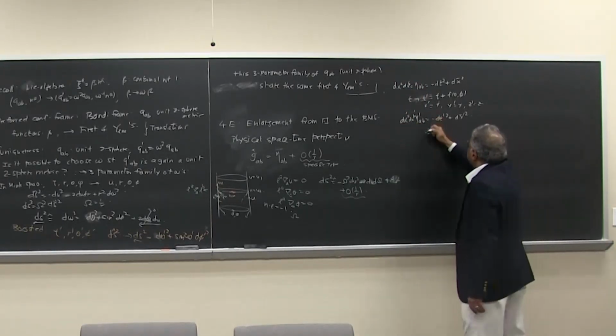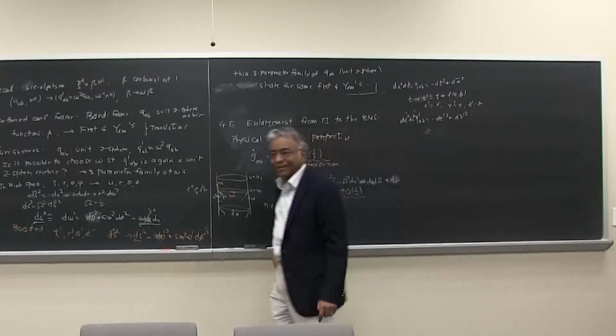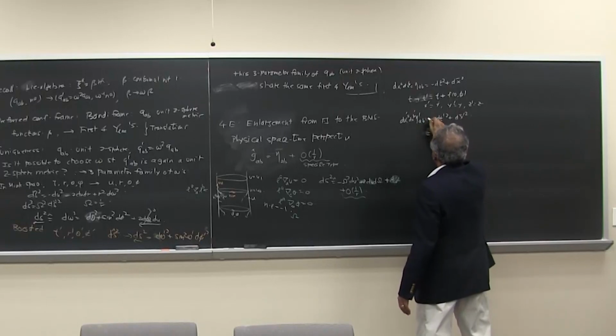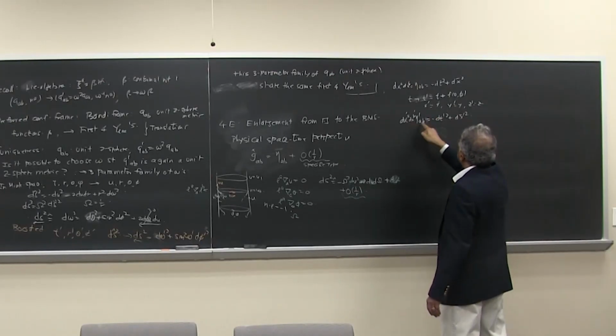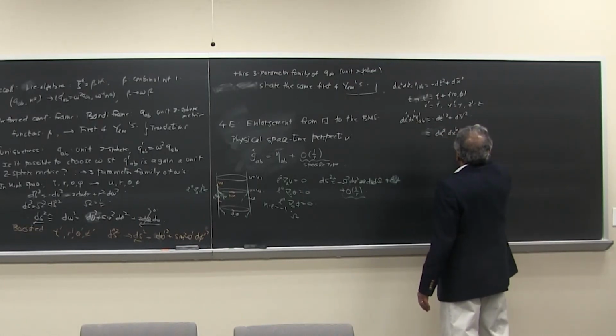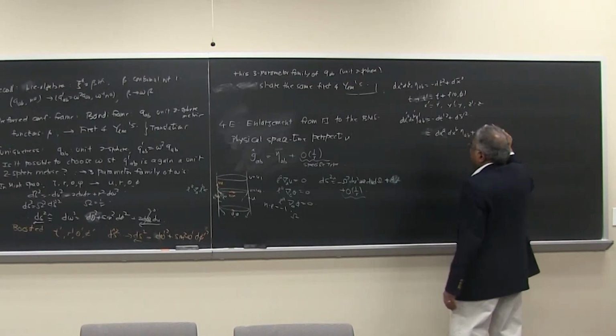So you'll find that this is equal to dx prime a dx prime b times eta prime AB, and you'll see that this is the same as dx a dx b times eta AB plus specific terms of the order 1 upon r, just substituting it here.